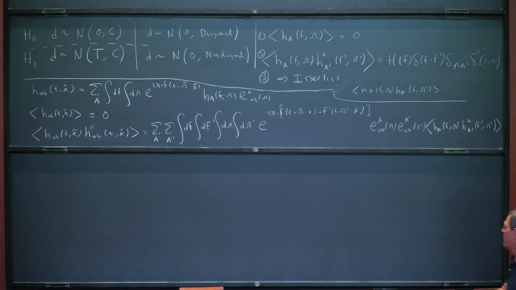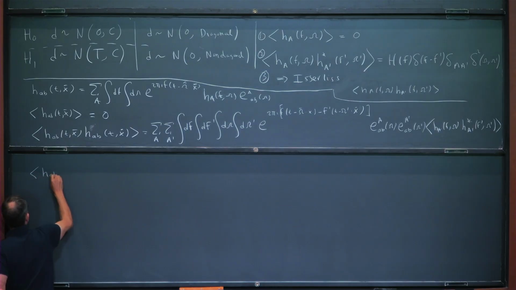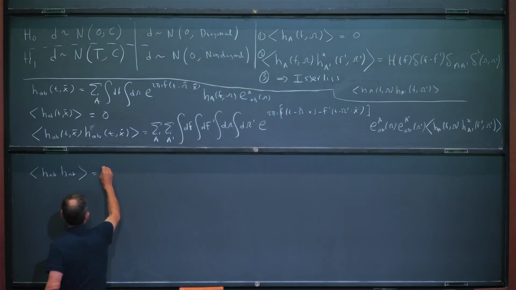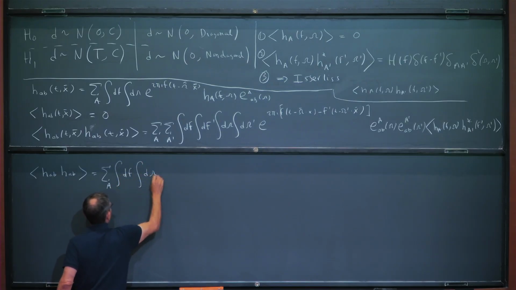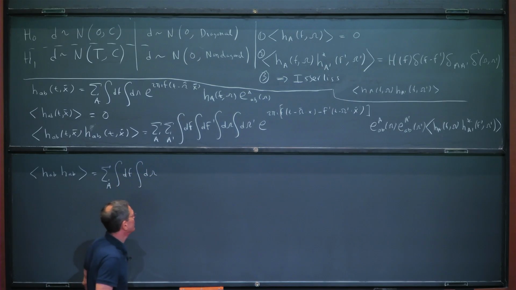So instead of having double sums and double integrals of everything, it immediately reduces to one. So the expected value of the squared strain now becomes a single sum over a single integral over f, and a single integral over directions.